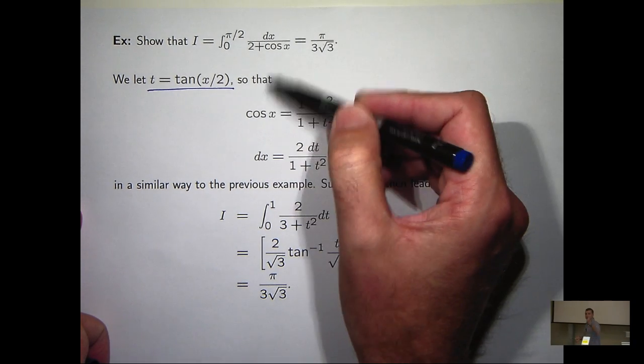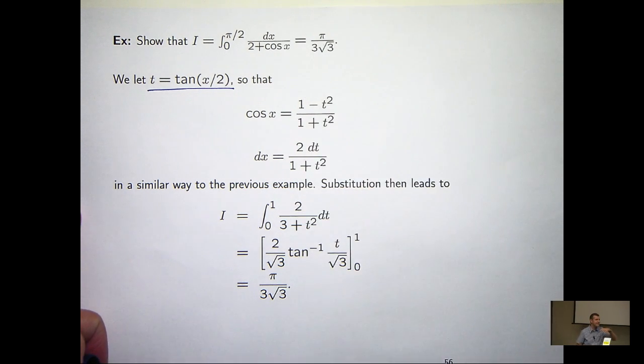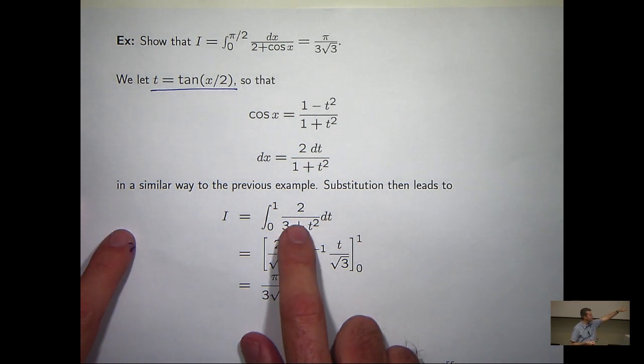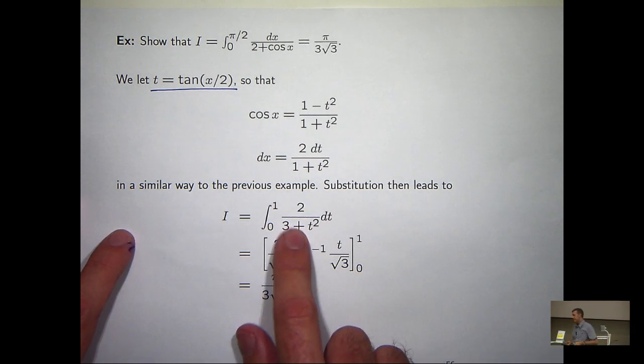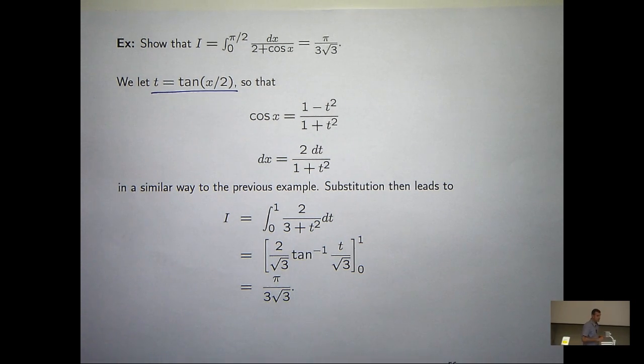Then you just substitute in for cos x up here and dx up here, and you get some nice cancellation. We get the integral of this function here, which can be integrated at once. That's pretty good.